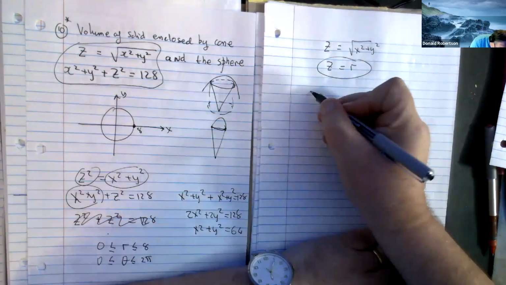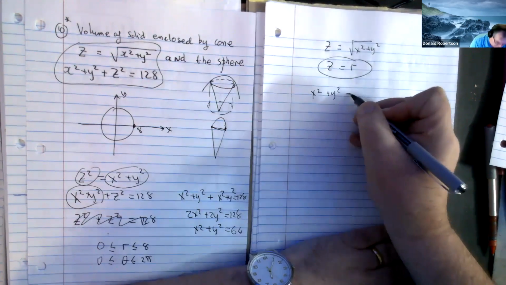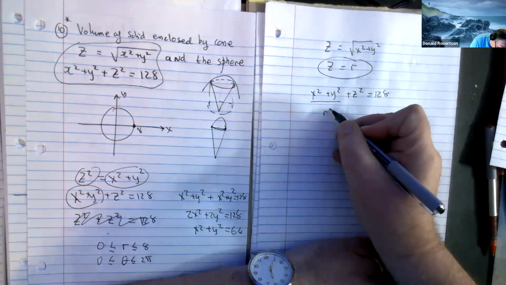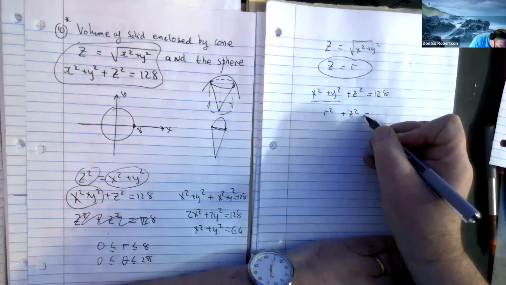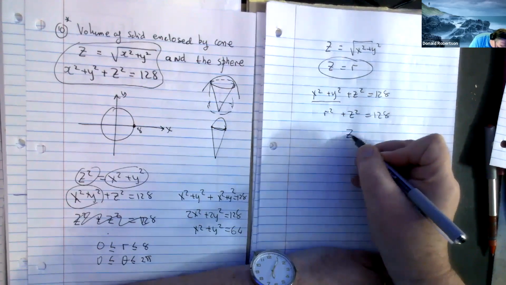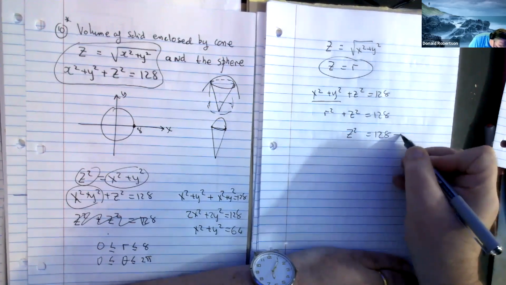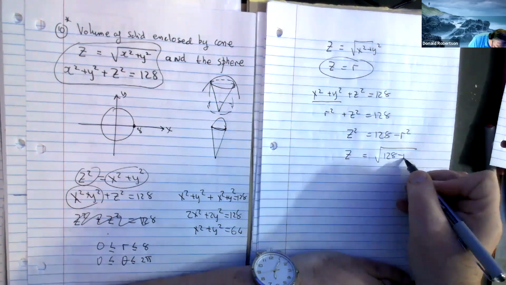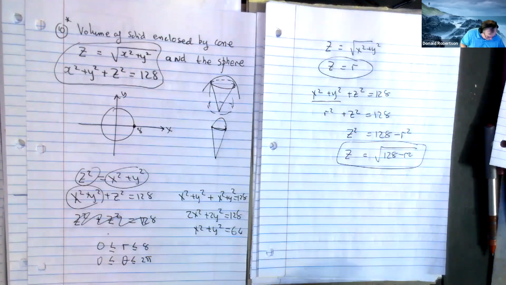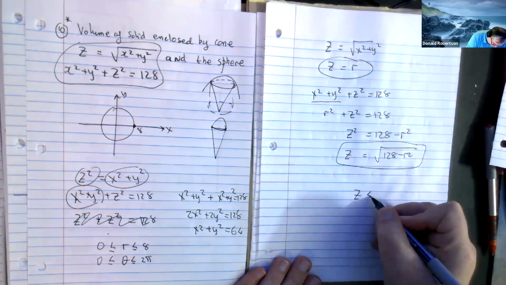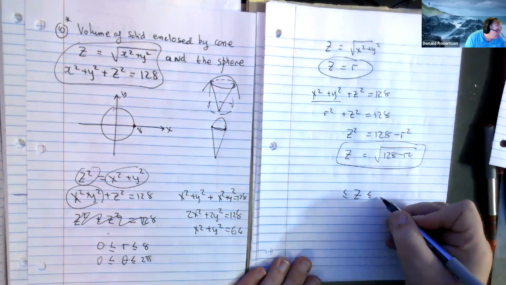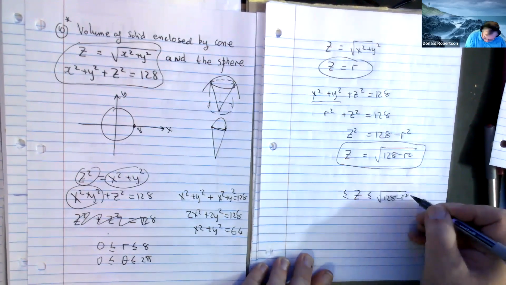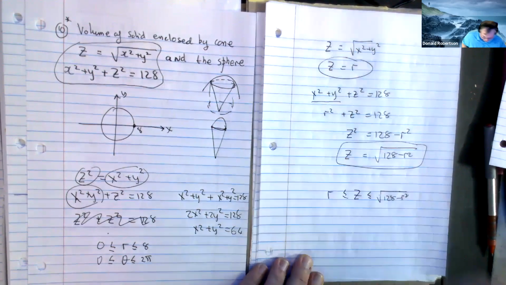And this one, x squared plus y squared plus z squared equals 128, becomes r squared plus z squared is 128. Z squared is 128 take away r squared. Z is, and we're picking positive because of the story, there is my other z. So my limits of z are going to be from that guy, which is the sphere, to that guy, which is the cone.